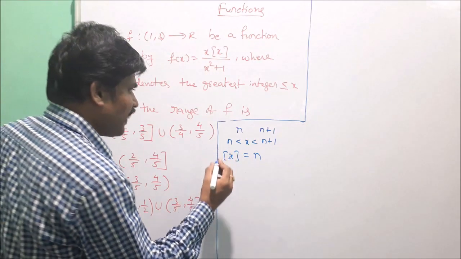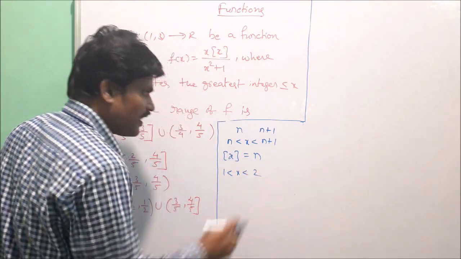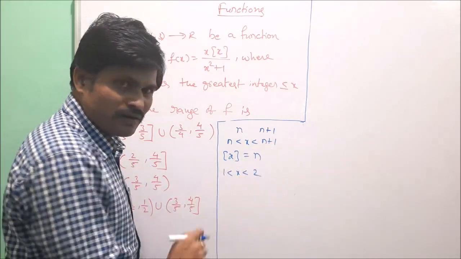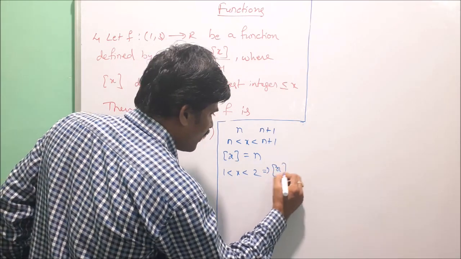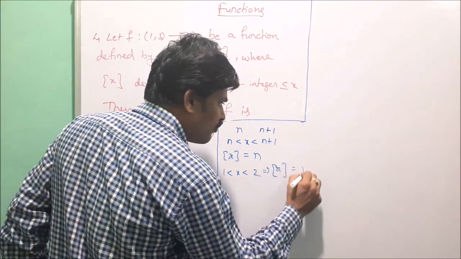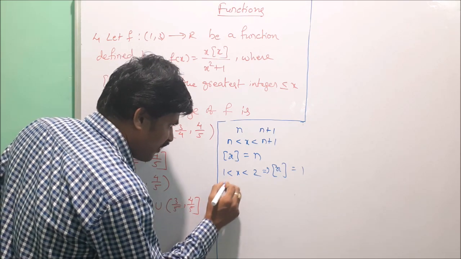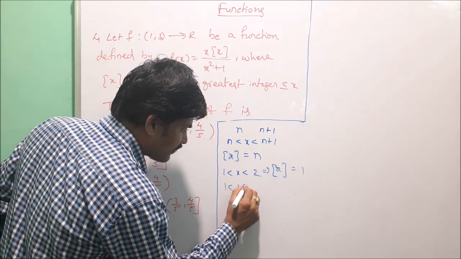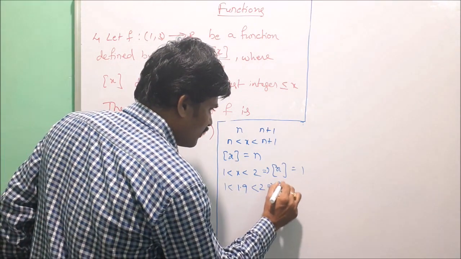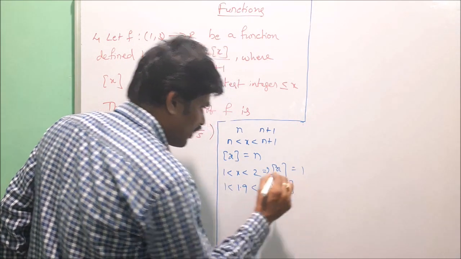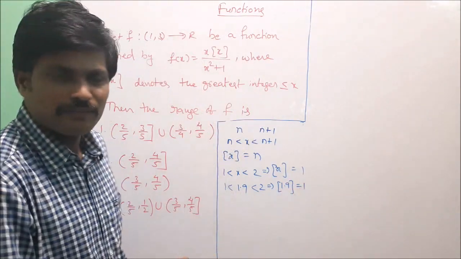For example, we take the interval 1 less than x less than 2. Here 2 can be written as 1 plus 1. Therefore, the greatest integer of x is equal to 1. Taking x as 1.9, which is less than 2, the greatest integer of 1.9 equals 1.